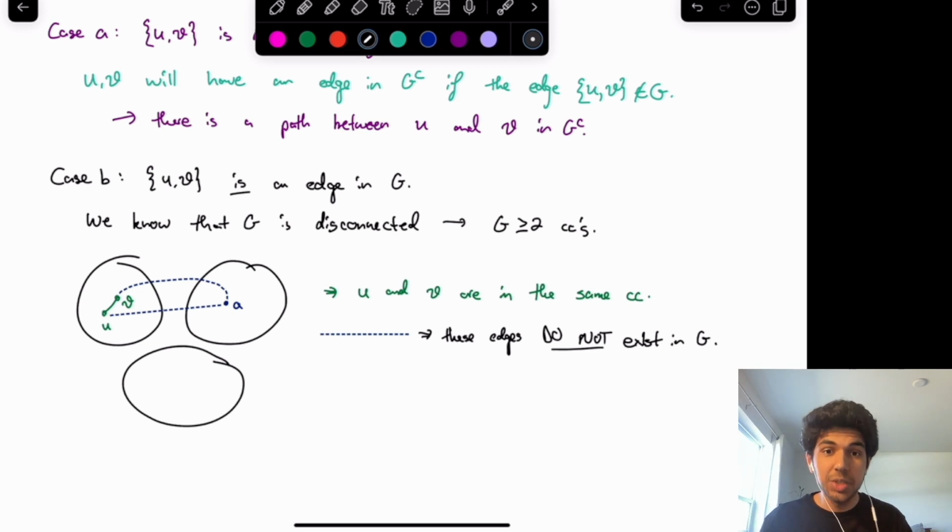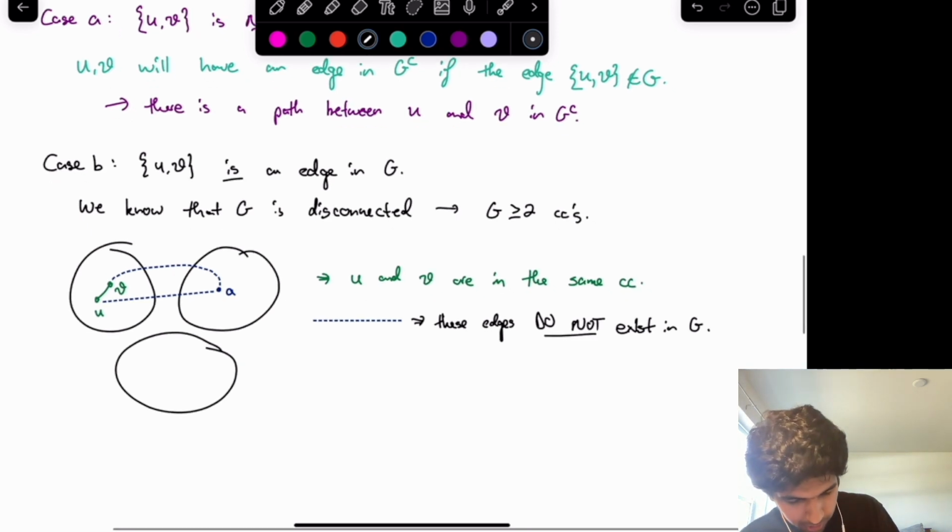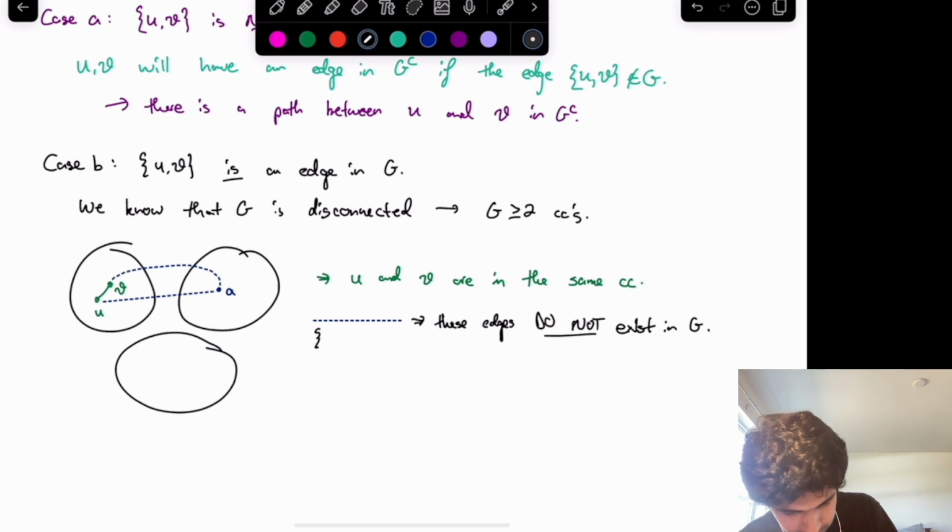However, if they do not exist in G, I'll just write these out. This is UA and VA.